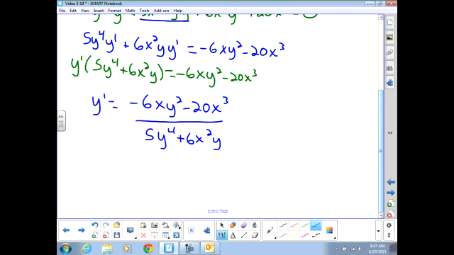Now, if you had chosen to get the y primes to the other side, the only difference you would notice is that every single sign would be changed. So you'd have plus and plus on top, minus and minus in the denominator. That is equivalent, though.